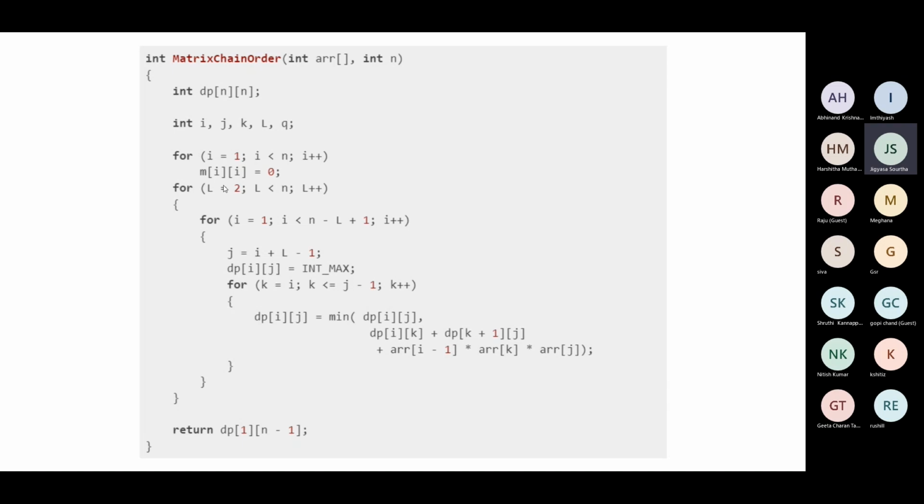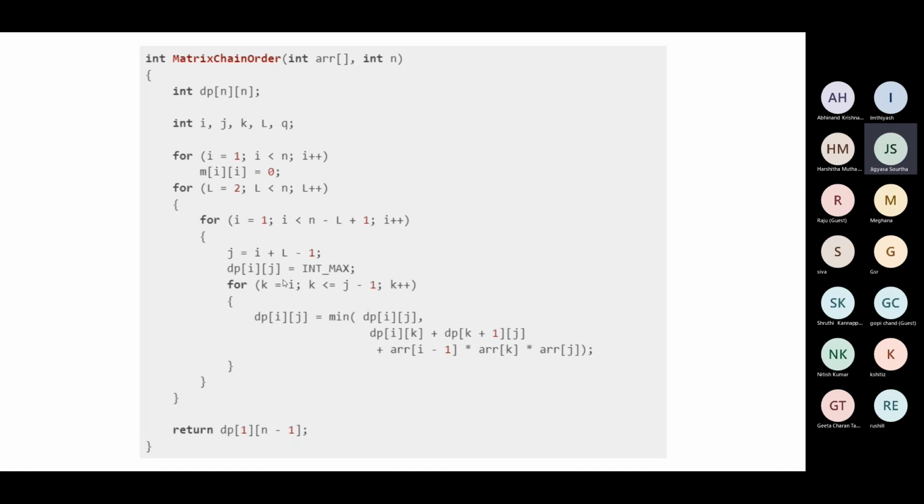It starts with a length of 2 matrices, and goes till length less than n. Then in the second inner loop, you decide the starting index i of the matrix to be multiplied, and j will determine the ending index of the matrix. That will be calculated with i plus L minus 1.